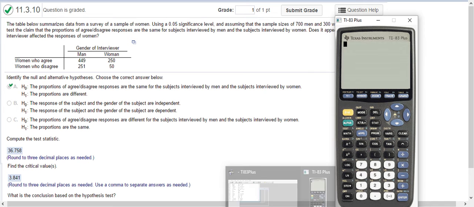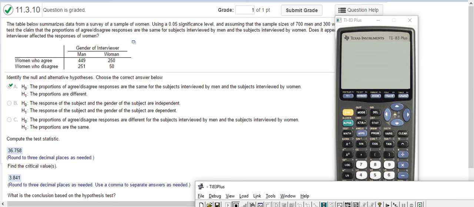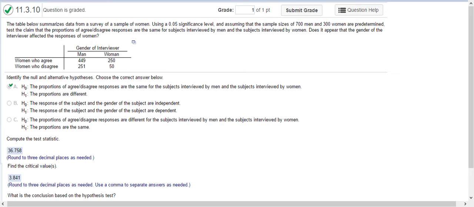Now let me talk a little bit about the problem now that I've got those entered. What we're trying to prove here is that we have this gender of the interviewer, man or woman, and then women who agree and women who disagree. What you typically are trying to find is whether there is some different treatment.